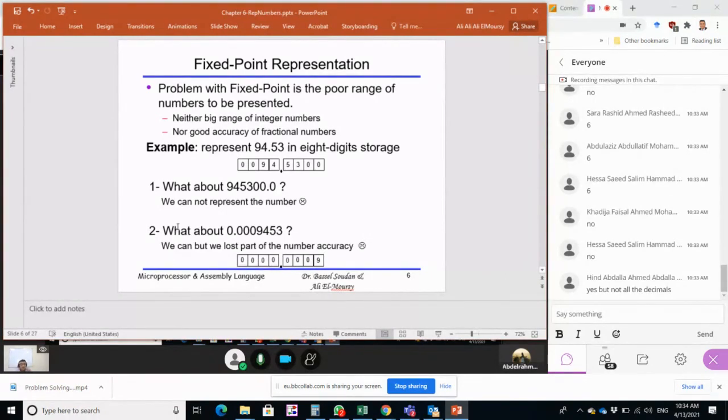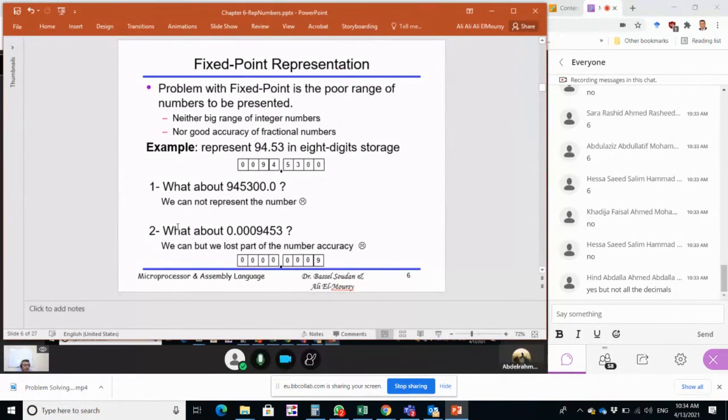The number is actually rounded. I have lost the small fraction of 0.000453. I lost all of the 453. So I'm losing high accuracy.